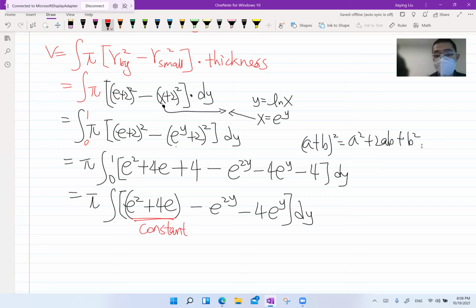Doesn't look nice, but it's just treated like a pi or some constant. When you integrate, just put it outside. They're not part of integration. This part, you can use U substitution if you like to integrate. The last part, you're basically just integrating e to the y directly. All right. So on that note, this is 0 to 1.